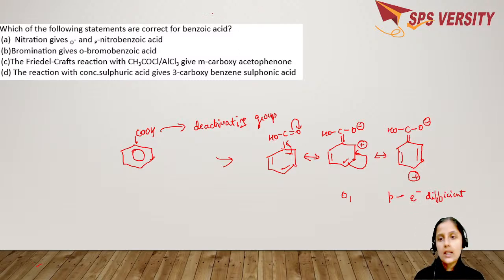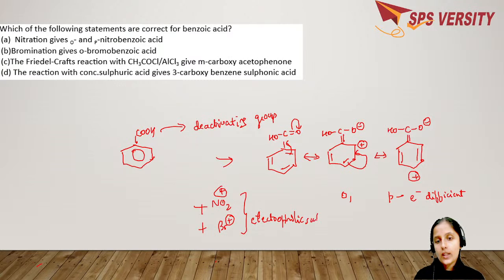Now nitration and bromination: if you take the nitration, you are going to add NO2, and if it is a bromination, you are going to add Br plus, which are electrophilic substitutions. Electrophilic substitution cannot happen at the ortho and para position, but it can happen at the meta position, because compared to ortho and para, meta doesn't have any positive charge. So the nitration and the bromination should give you the meta product here, and here this won't be formed.